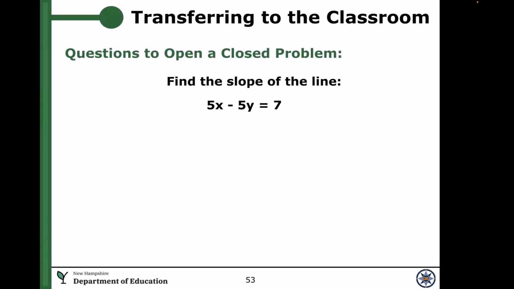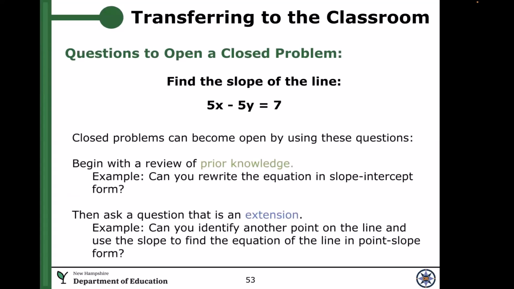So this right here is what we can look at. This is how to change a closed problem into an open problem. Closed problems can really be something where students are just trying to figure out a specific example.